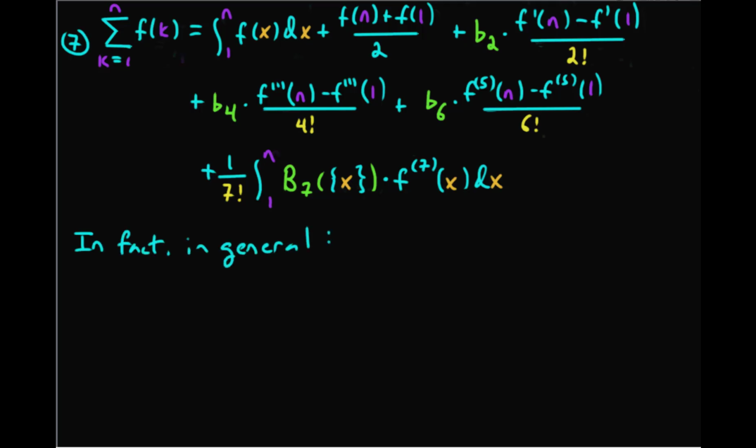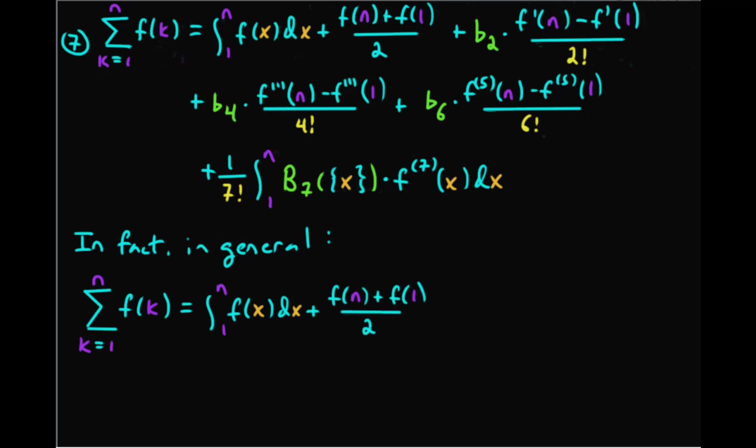So we're going to write that the summation of the values of f of k from k equals 1 to n equals the integral from 1 to n of f of x dx plus f of n plus f of 1 all over 2 plus, and now I'm going to group all of these correction terms together as one sum, and I'll index it from m equals 1 to the value floor of r over 2. You'll see why we need that in a moment.